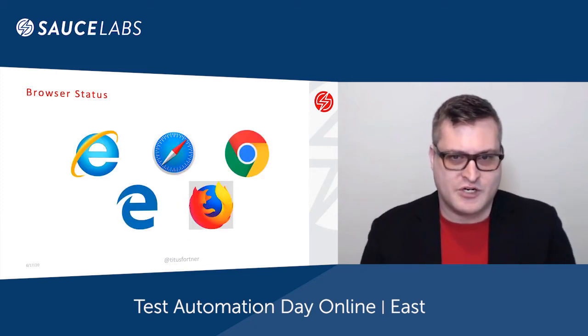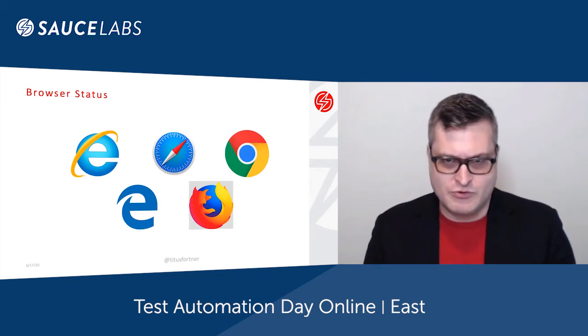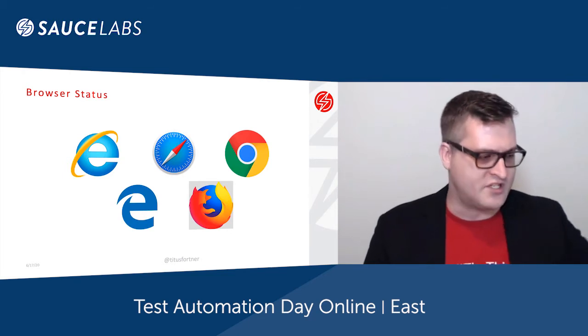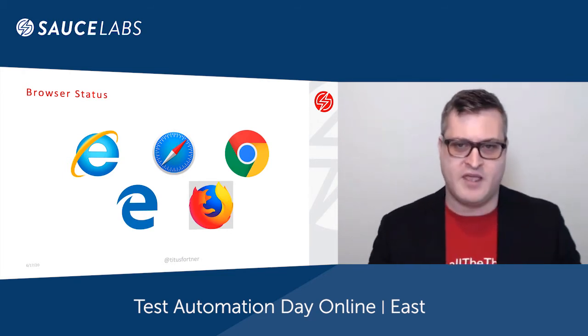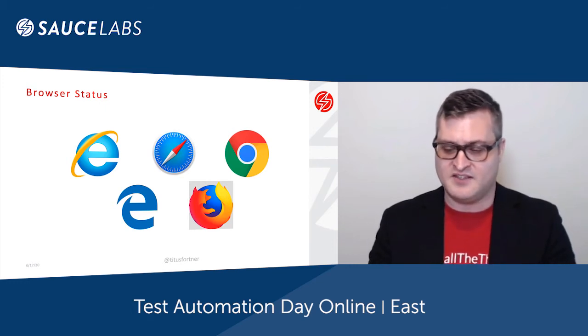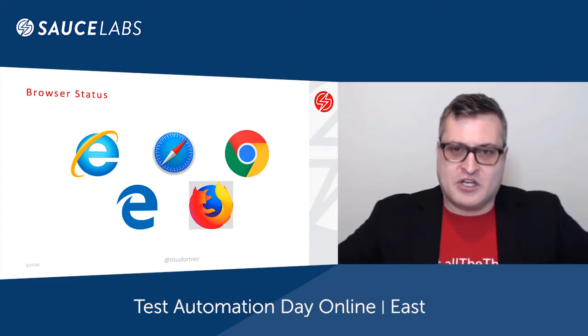All right, so browsers. These are the primary supported browsers through Selenium. Essentially, the goal with W3C was to be able to send the same commands to all of the browsers and have the browsers do the same thing. This didn't used to be the case. Things like, I think alerts is a great example.